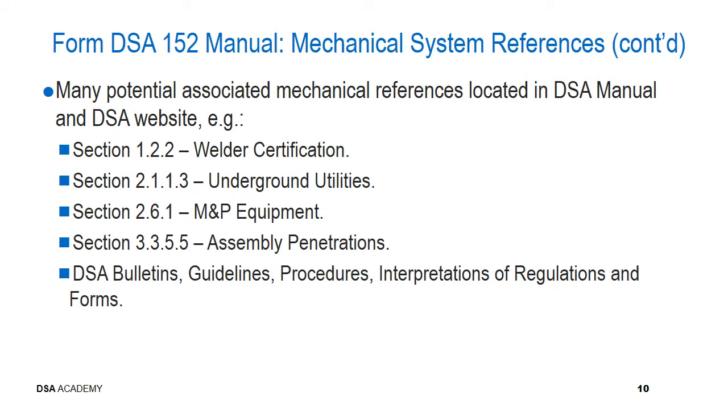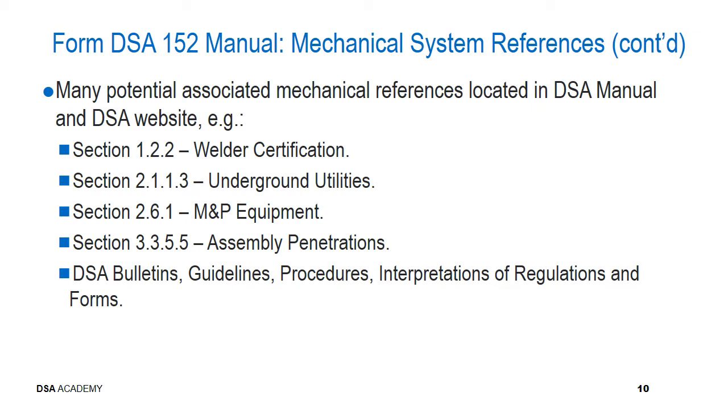There are also some additional sections within the DSA 152 manual which may be helpful for a project inspector to review periodically during their inspections of mechanical systems being installed on a project.